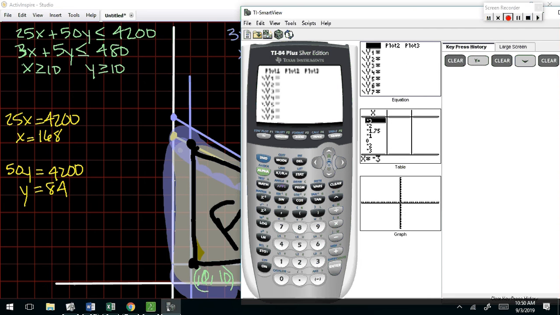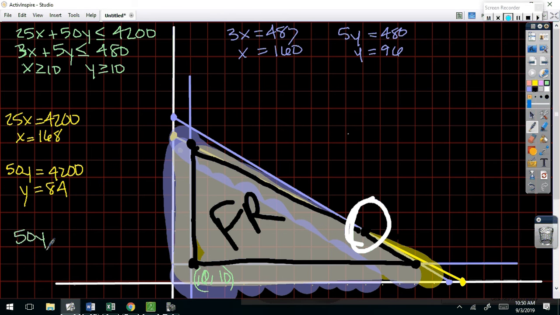First equation. I'm going to move the 50y and divide everything by 25. I can do that all at one time on my calculator. Okay, if I move the 25x, I've got 50y equals 4,200 minus 25x. And I'm just going to divide everything by 50.